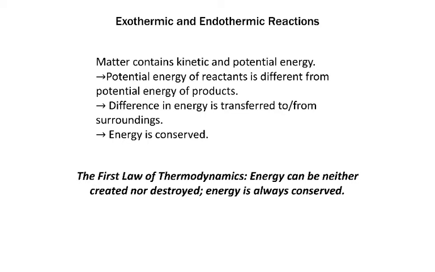So we had a lot of these conservation laws in physics. We have the conservation of mass, which we used to help balance matter in atoms in an equation. Now we also have to balance energy in an equation or a reaction. So we basically have two possibilities: the products are lower in energy or the products are higher in energy than the reactants.